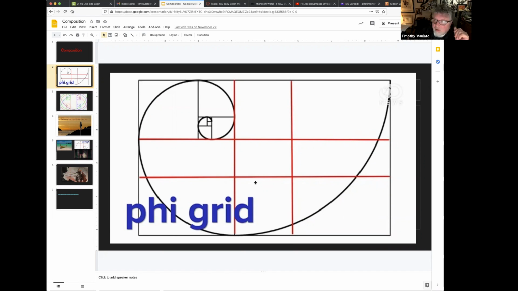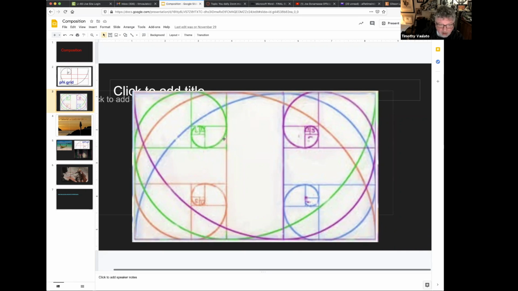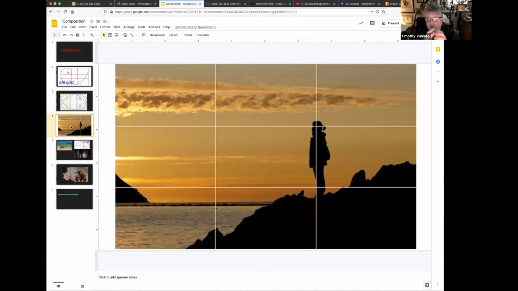And if you've had photography, you've learned about the rule of thirds, where you divide a space into three sections, and then wherever these lines hit, as you see here, are good areas to put your subject matter.